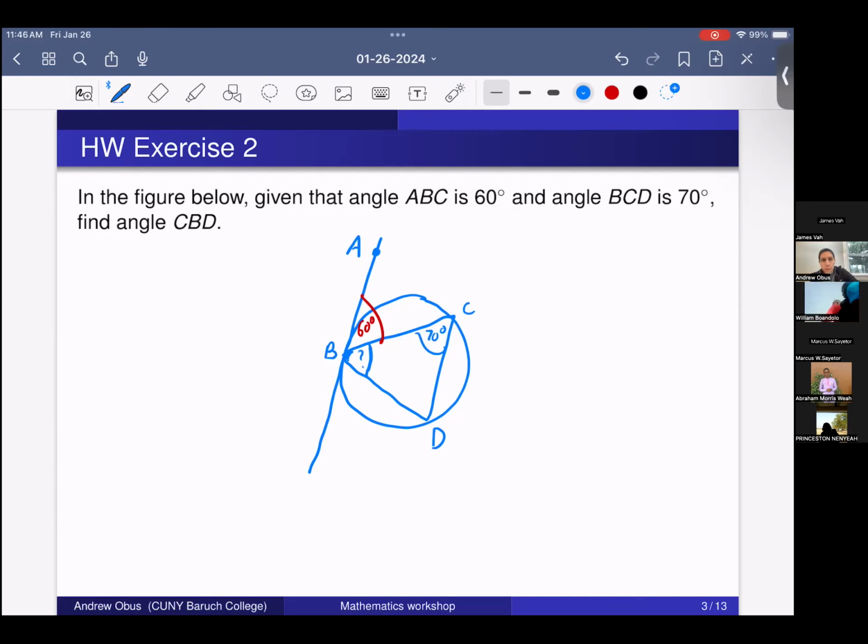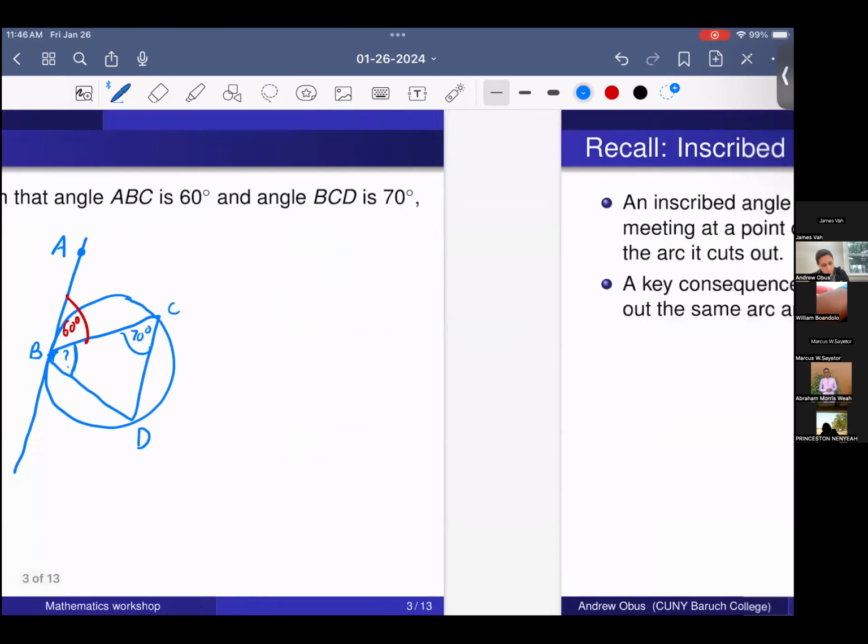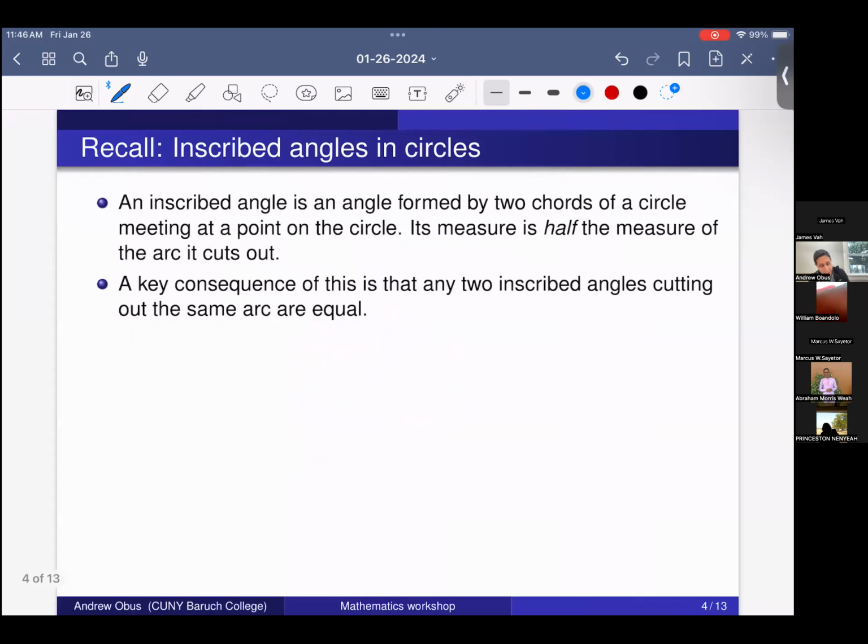Before we do this problem, let's recall that we have certain formulas for how to get angles. An inscribed angle is an angle formed by two chords of a circle meeting at a point, and its measure is half the measure of the arc that it cuts out. This tells us that any two inscribed angles cutting out the same arc are equal.